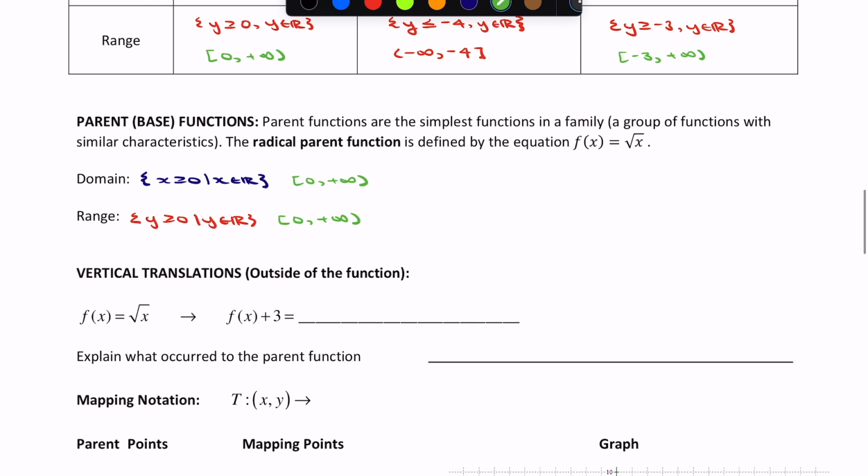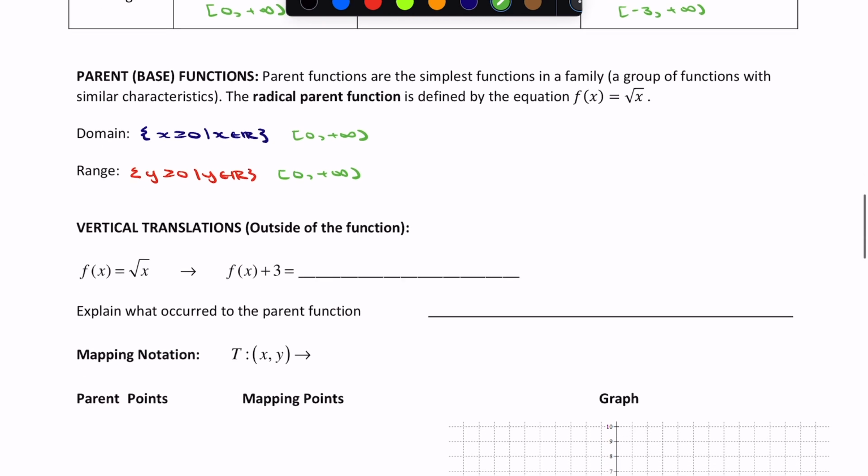Okay, so now let's take a look at some transformations that can occur to this radical function. To start, we have vertical translations, which are outside of the function. Here we have f of x is equal to square root x, that's our parent function. And now we have f of x plus 3. That would be written as square root x plus 3.